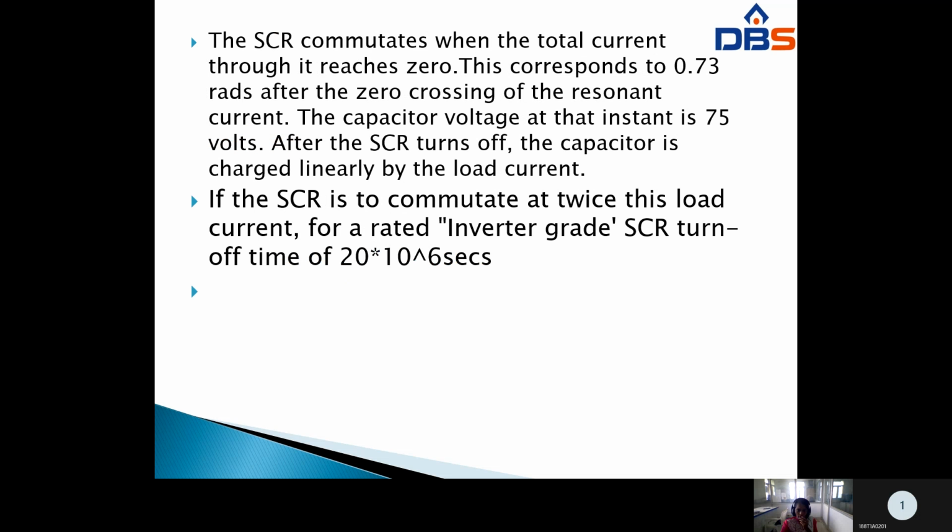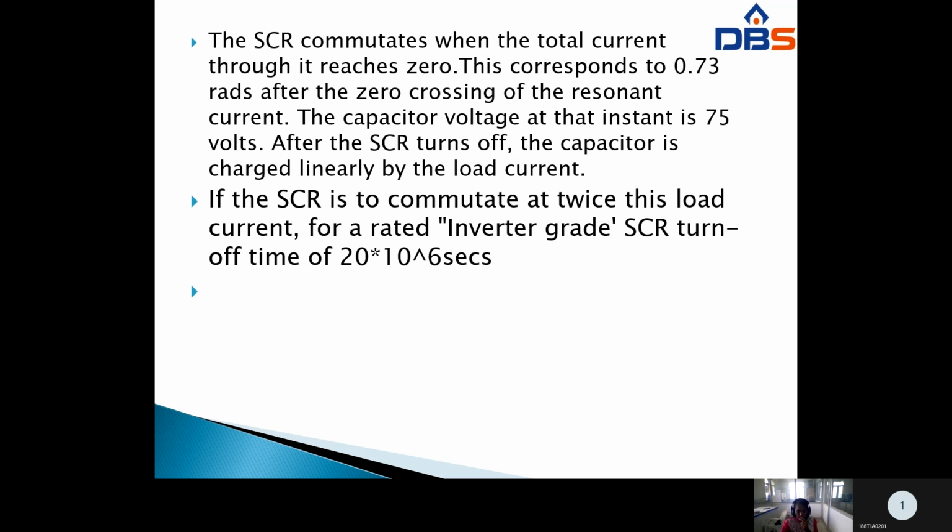So the SCR commutates when the total current through it reaches 0. This corresponds to 0.73 radians after the zero crossing of resonant current. So the capacitor voltage at that instant is 75 volts. After the SCR is turned off, the capacitor is charged linearly by the load current.